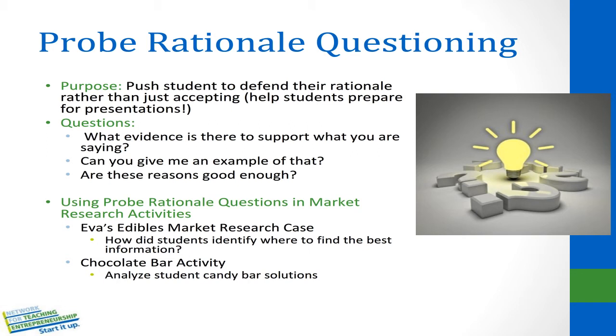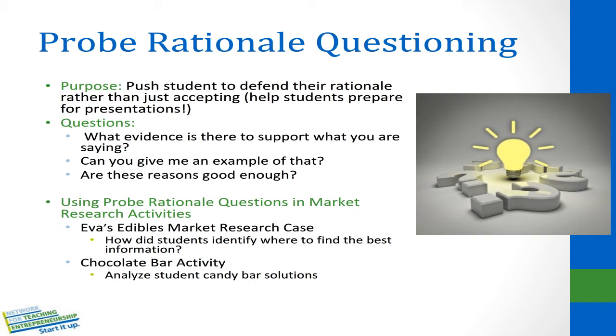In some classes, teachers will have students actually go online or go find resources to answer these questions. In those cases, you can ask students how they identified where to find information. So was Wikipedia the best place for Ava to find out what license she needed? Why? Pushing them beyond the first step.